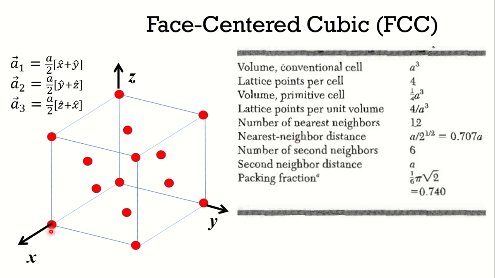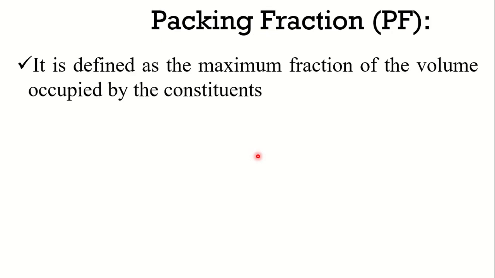If I consider this, the nearest neighbor points are these face centered points, and it can be shown that there are a total of 12 nearest neighbor points. And what is the distance? It's half of the face diagonal, so it's a by root 2 or root 2a by 2, and the packing fraction we will discuss later on. So this is all about the face centered cubic structure.